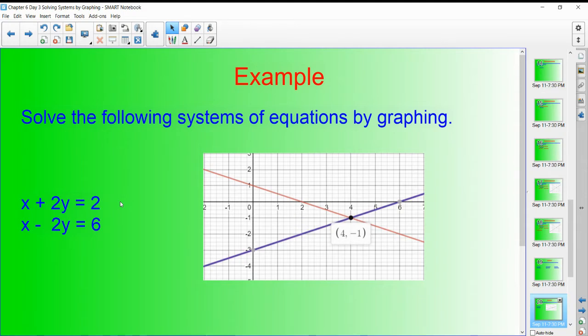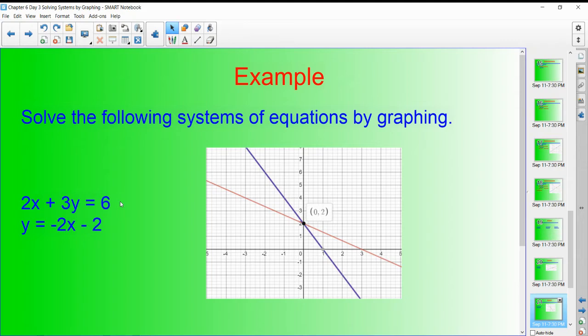The second case, okay, they meet at 0, 2. If you put these both into y equals mx plus b form, you could rearrange it. Now, I don't know if my graph is accurate because I'm already looking and seeing that this has a y-intercept of -2, so that's going to tell me that this one is wrong.